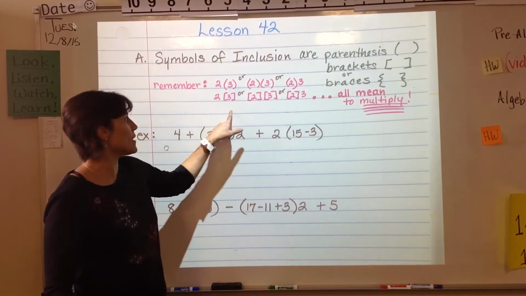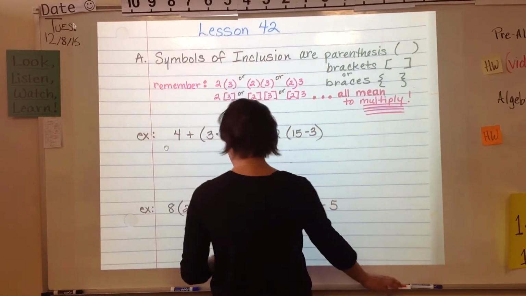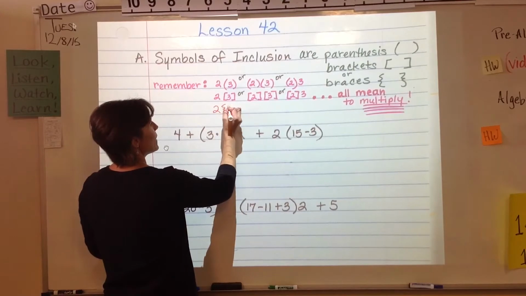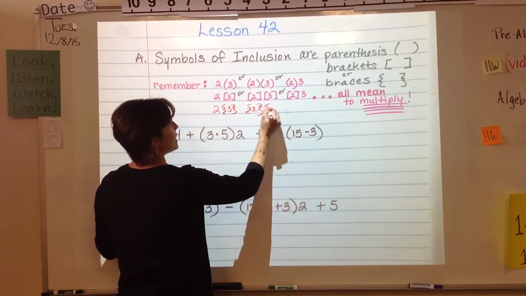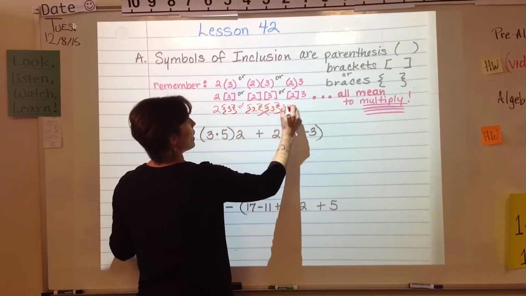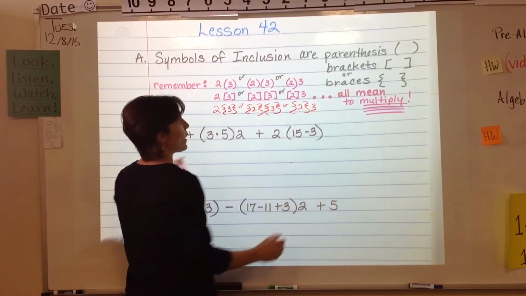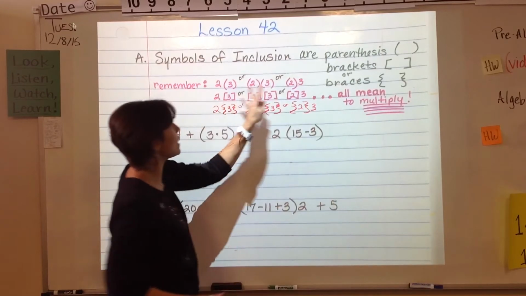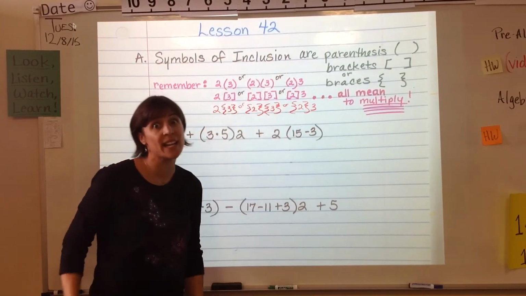The same thing for braces: 2 braces 3, right beside each other, or braces with a 2 inside and a 3 on the outside, all mean 2 times 3. Every single one of these is a different way to say 2 times 3.